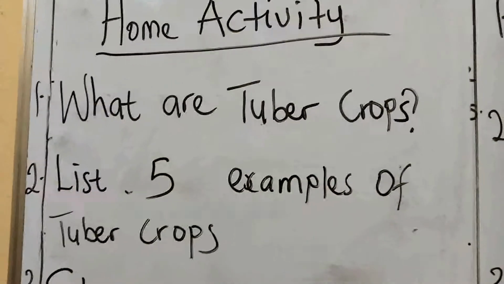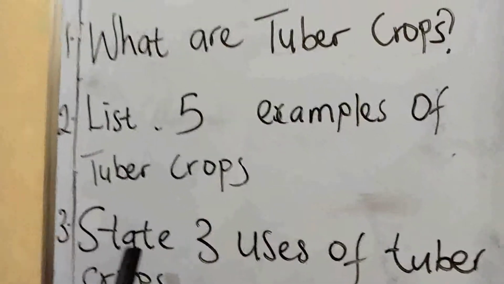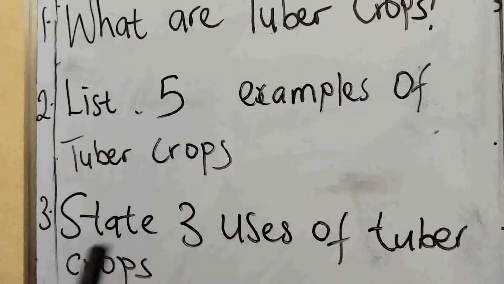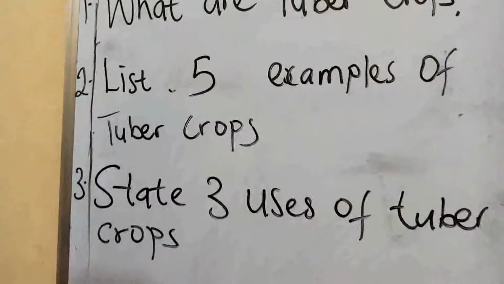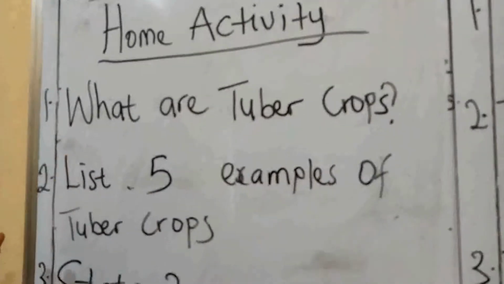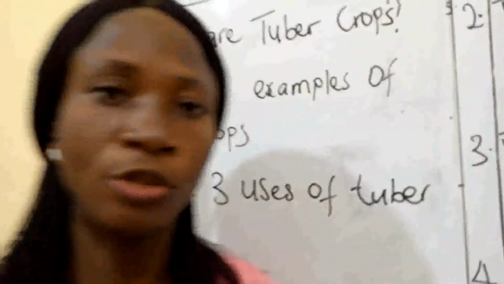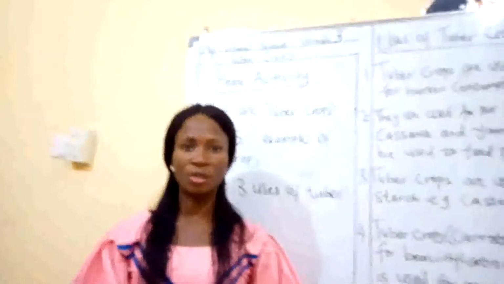The third one says, state 3 uses of tuber crops. So far I hope you'll be able to tell me what tuber crops are, some of the examples and the uses of tuber crops. Do it and submit it to the school.